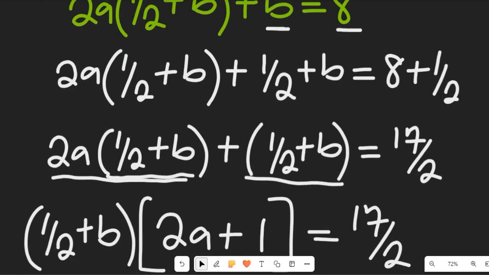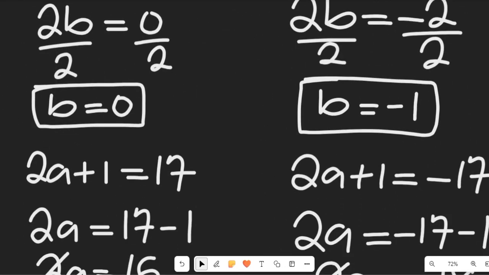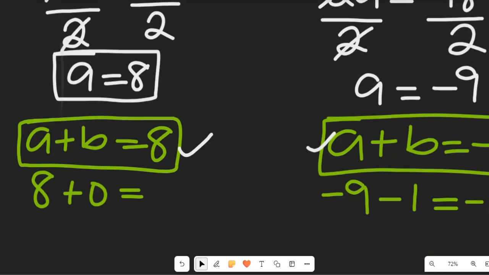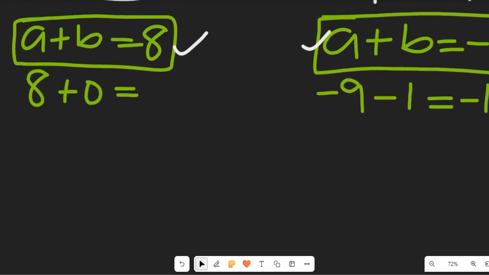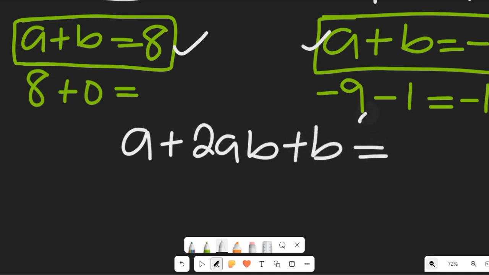Now, from this solution, to find out if our solution is right, we have our a to be equal to 8 and our b equal to 0. Remember the initial expression we are given? We are given that a plus 2ab plus b should be equal to 8.